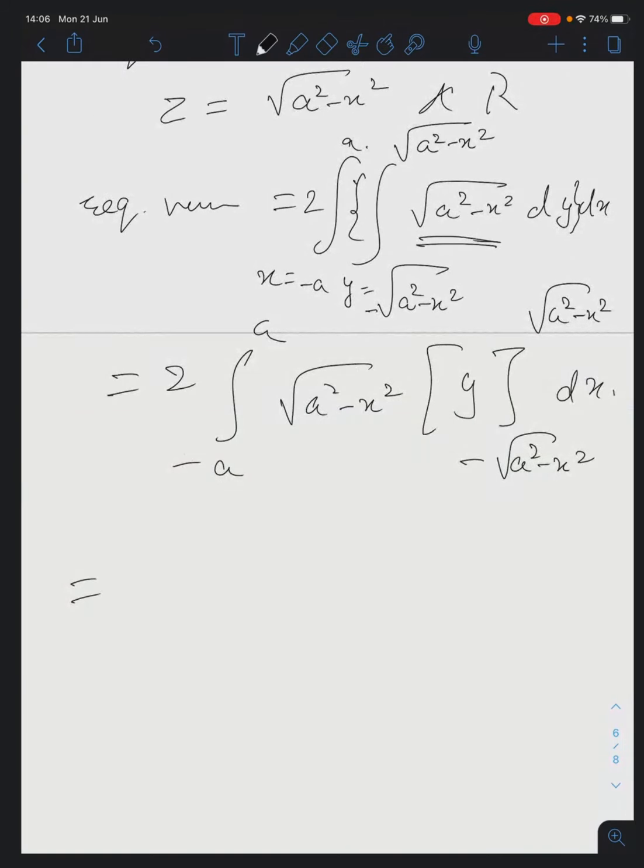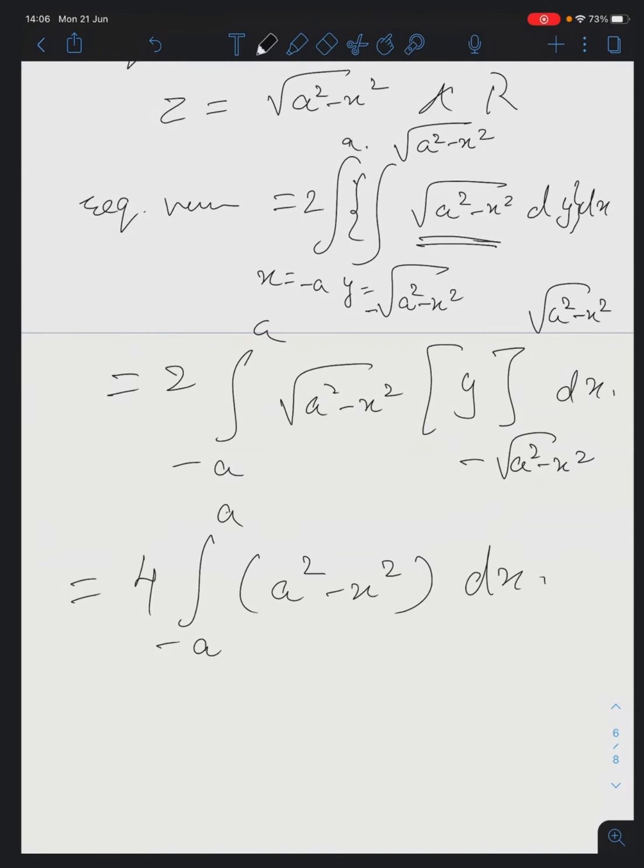You will get upper limit root over of a square minus x square, minus and minus will be plus, again root over of a square minus x square. So 2 times root over of a square minus x square you will get. Understood? Yes, ma'am. So 2 and 2, already a 2 is there. So 4. This is minus a to plus a. And this root into root will be a square minus x square itself, dx.